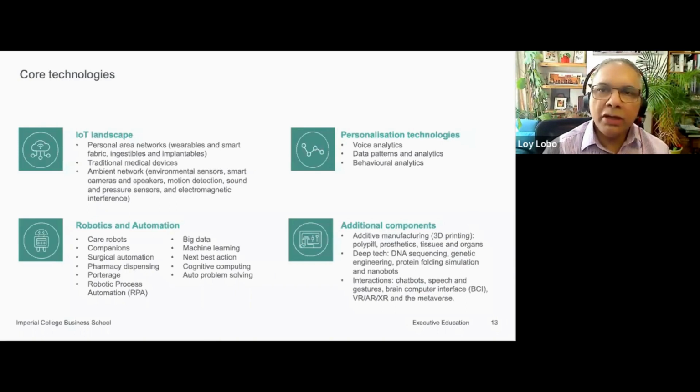We also look a lot at robotics and automation and other related technologies which are being used to improve productivity and coordination in healthcare. By some estimates, including some research I did myself, somewhere between 20 and 40% of healthcare budgets are wasted on coordination issues: things that are not done in time, things that are done multiple times unnecessarily, things that are done too late, things that don't get done at all, and that has more serious consequences.